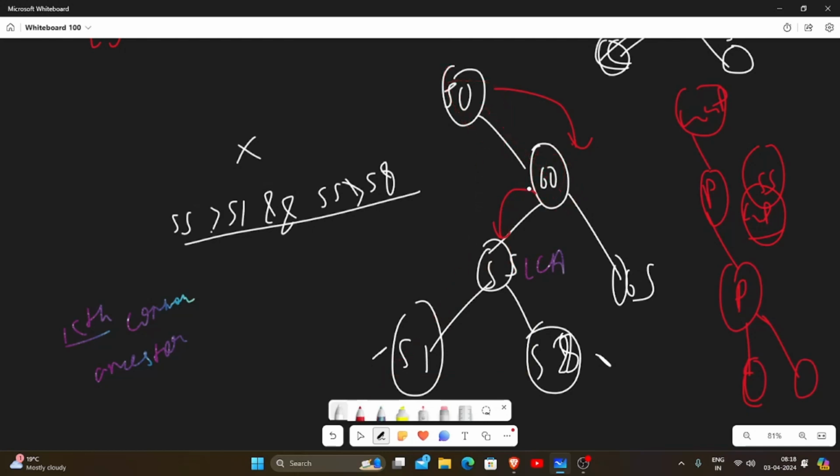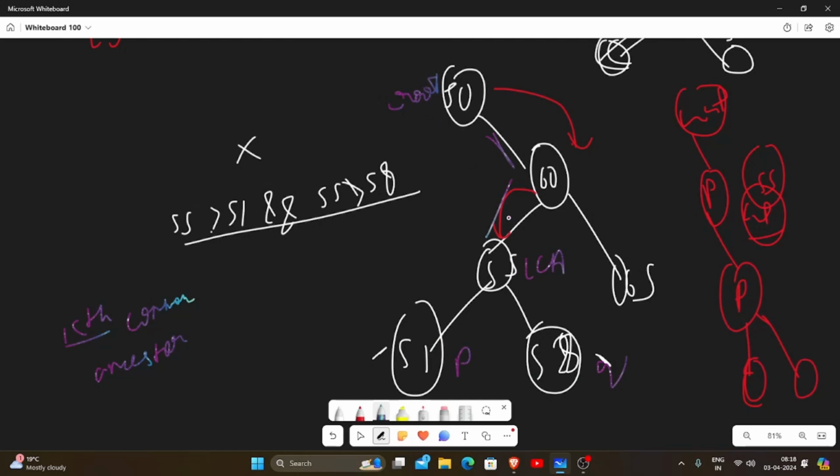By iterating above, this has to be an ancestor, this has to be an ancestor, and at some point I will come to the root. Because if some node is an ancestor, then the nodes above, which are parents or ancestors of that LCA, will all be ancestors of these P and Q. So at some time I will reach the root.